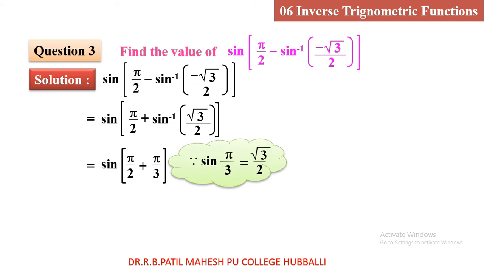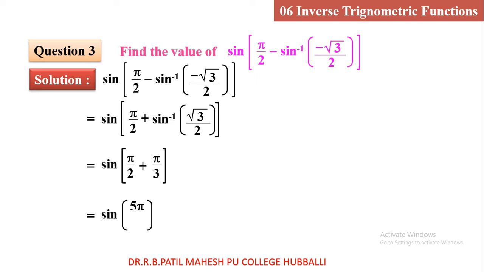So solving pi by 2 plus pi by 3 in the next step, that will be sine of 5 pi by 6, taking LCM and multiplying to the numerators. So sine of 5 pi by 6 value can be written in a simplest way. Sine of 5 pi by 6 I will solve here. Some of the students will be remembering directly, or else you can take it as pi minus pi by 6.